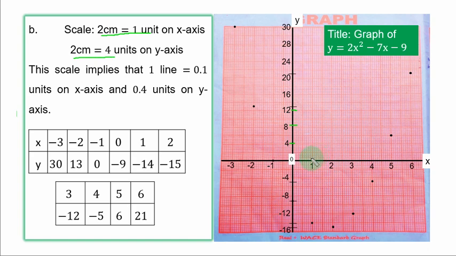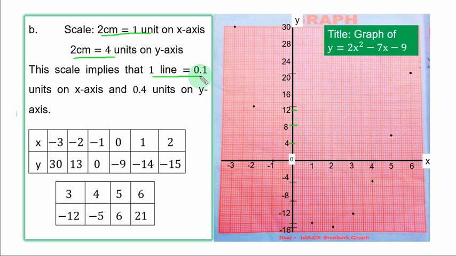If you move down, you have negative values. But on the x-axis, 2 cm is 1 unit, as you can see, to both left and right. This scale implies that one line is equal to 0.1 on the x-axis. If you divide the number of units by number of lines, that is 1 by 10, you have 0.1, and on the y-axis you have 0.4 units, that is 1 line.